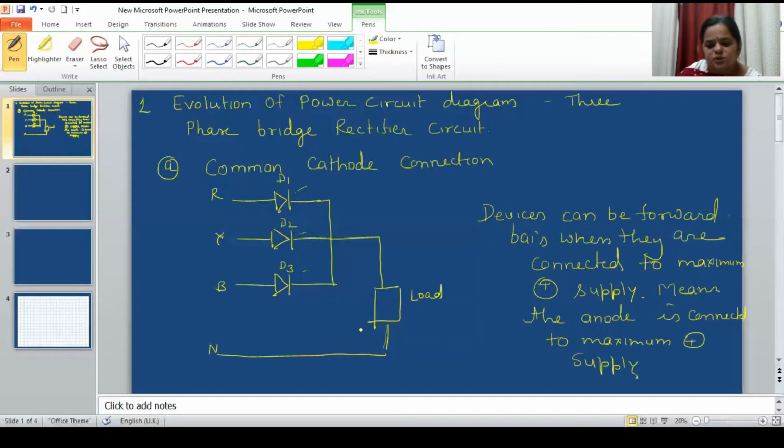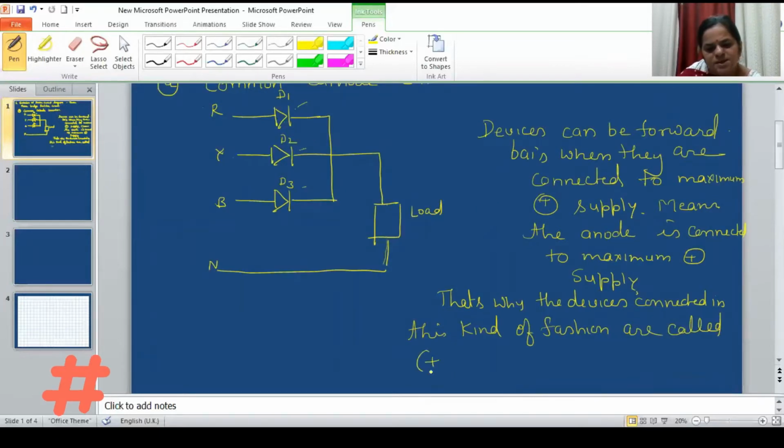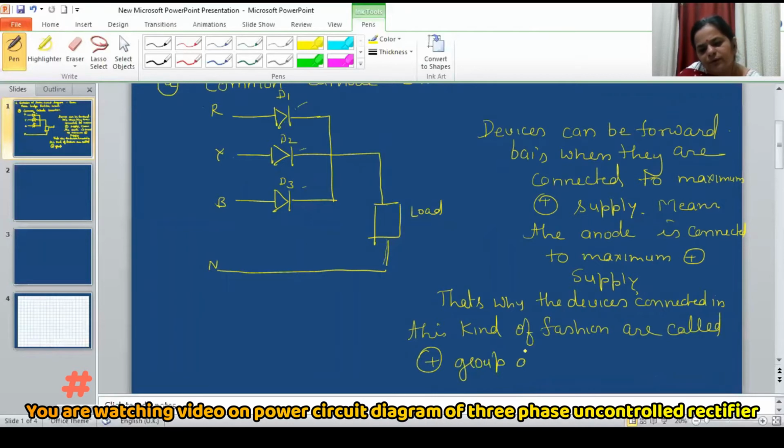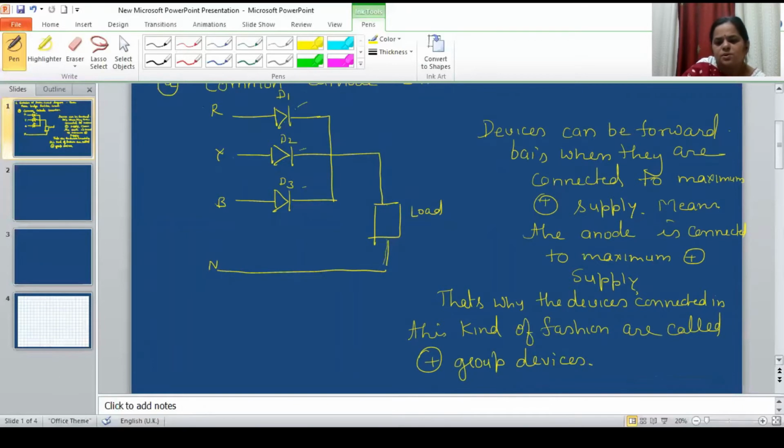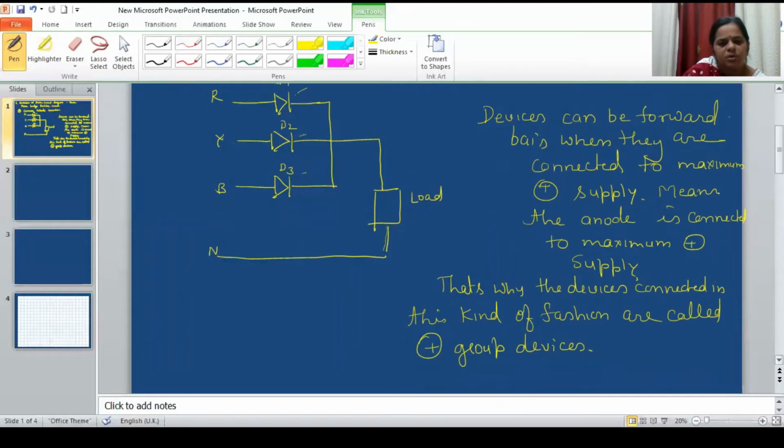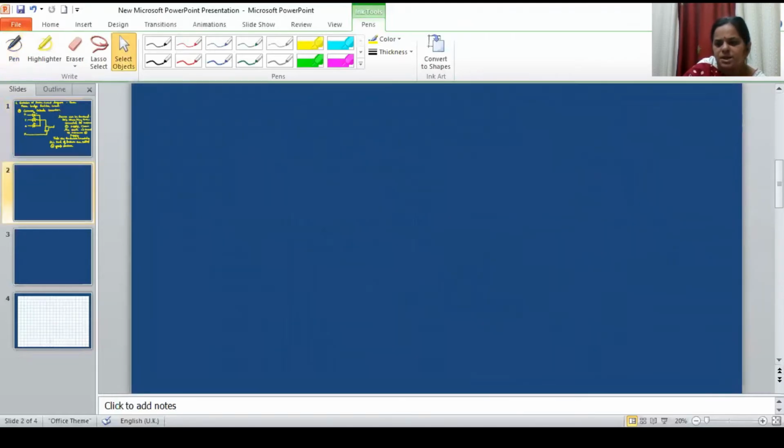That's why the devices are called positive group devices. So this is about the common cathode configuration.